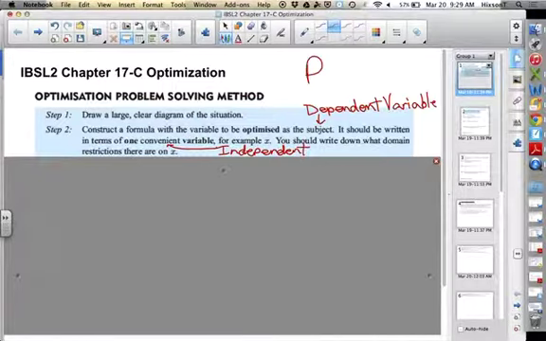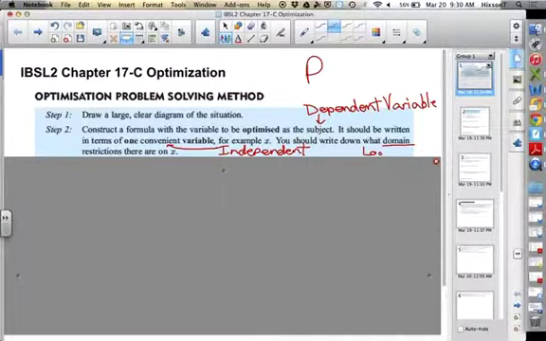Okay? It says you should write down what domain restrictions there are on x as well. Now, this is going to give you your interval of possible answers, okay? And while the mathematical domain certainly applies here, we can't have denominators equal to 0, we can't take square roots of negative numbers in a word problem, what also applies, though, is what I call the logical domain, okay?